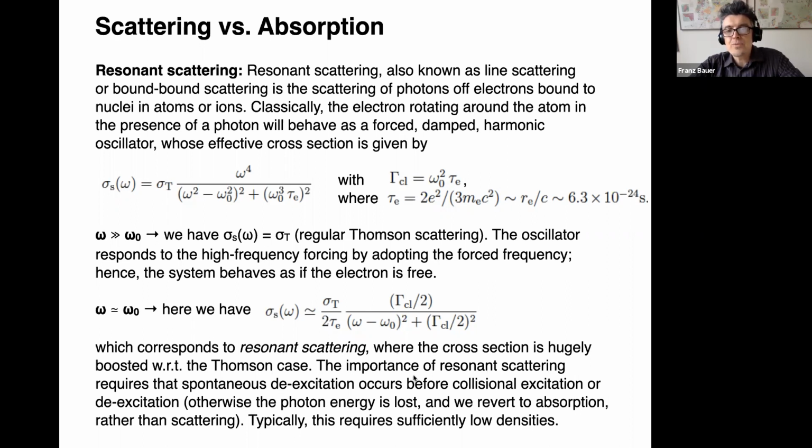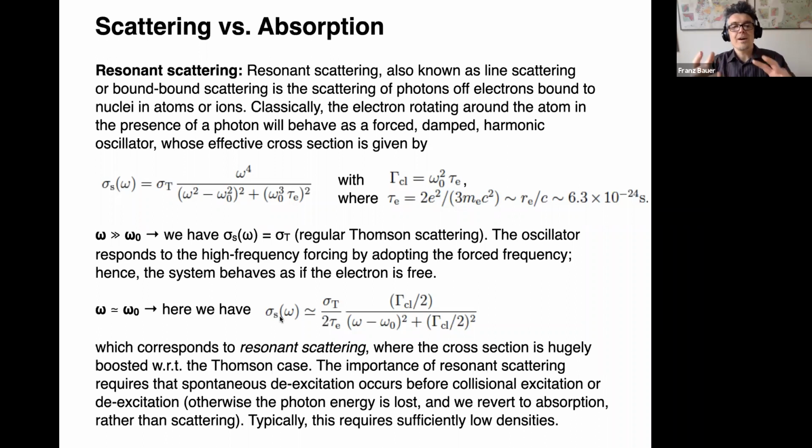And so generally, resonant scattering requires a spontaneous de-excitation to occur before collisional excitation or de-excitation ends up occurring. If you absorb the photon, and so the electron is in a higher energetic state, then through a collision, you give that energy away to another atom or another electron, then you no longer are able to emit that photon back out, right?